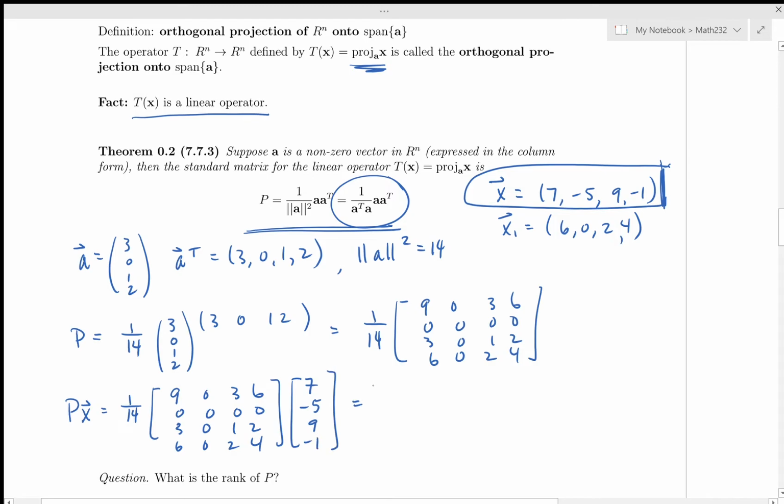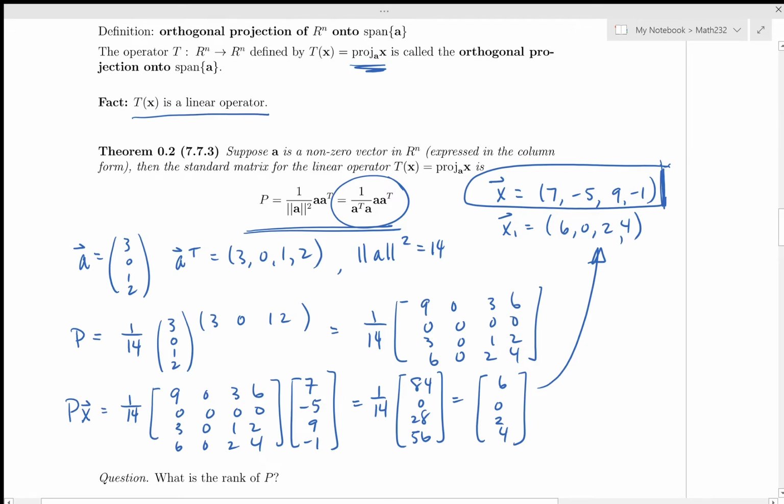I make this calculation and get 1 over 14 times 84, 0, 28, 56, which simplifies to 6, 0, 2, 4. Thank goodness it's the same. So that's it as before.